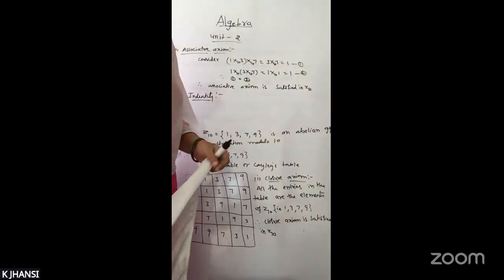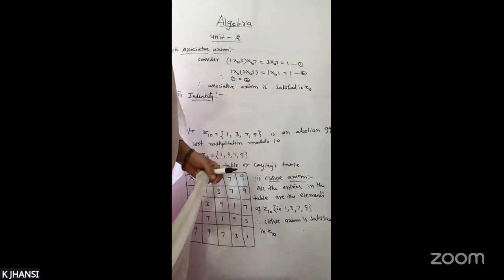Whenever you get the elements the same like this, we say it is satisfying the identity property. Even here, whenever we do 1 cross 1, you will get 1. But whatever the given first row and first column elements are, if you get the identical ones with respect to the given row and column, then we say it is satisfying the identity property.